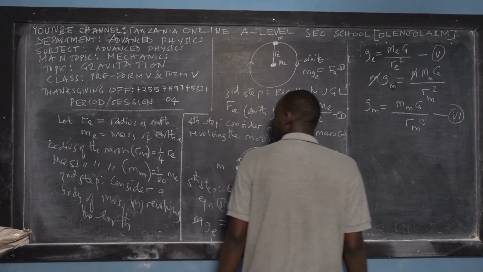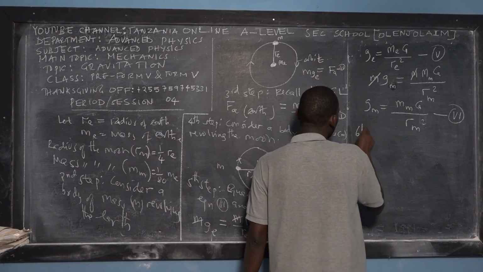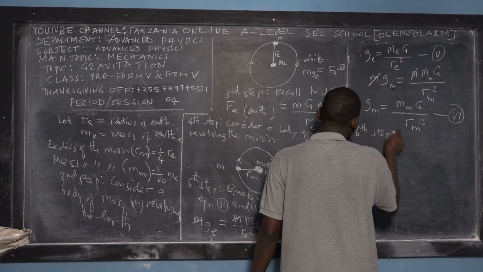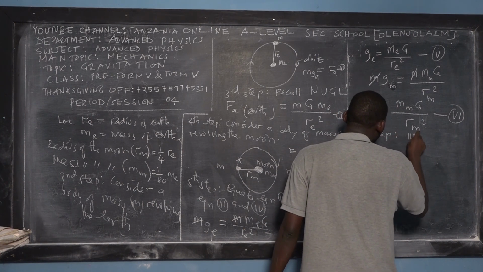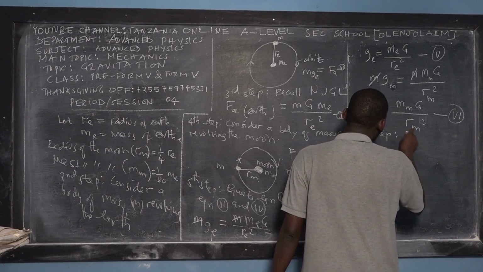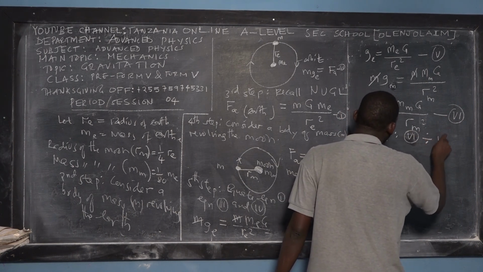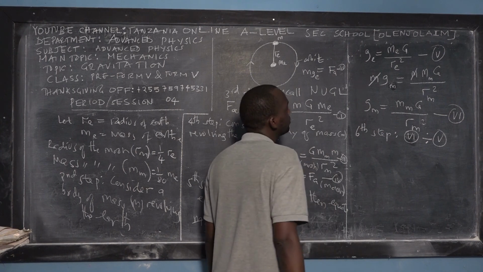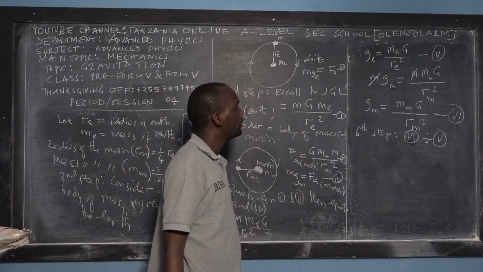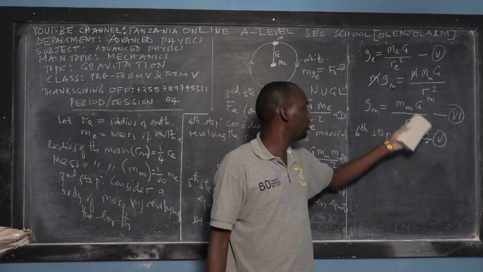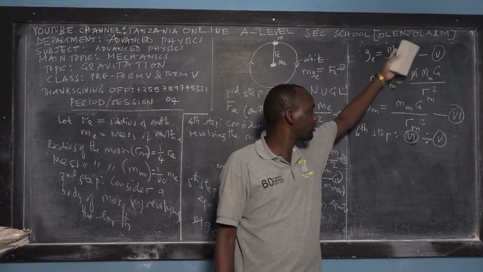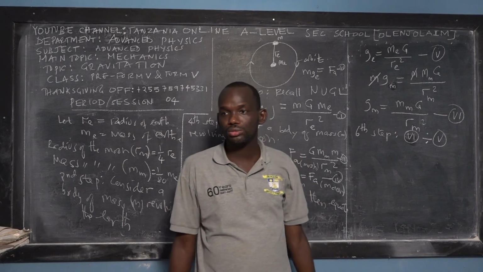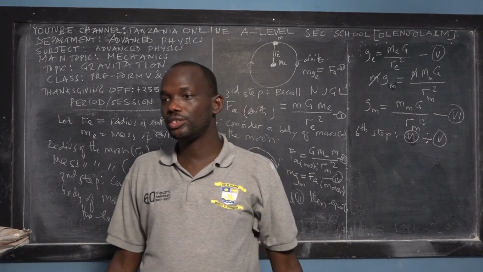For that case, now we have the sixth step. Let us take equation 6 divided by equation 5. Why should we divide? Because we don't know the value of the gravitational constant, though we know the relationship between the mass of the moon and the mass of the Earth. So you have to eliminate it.